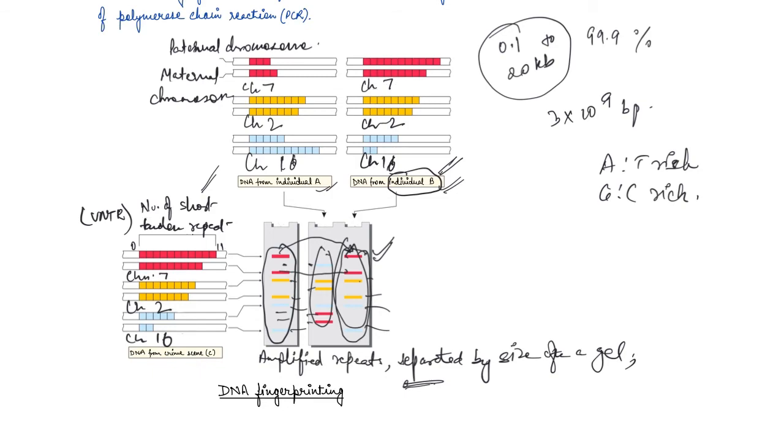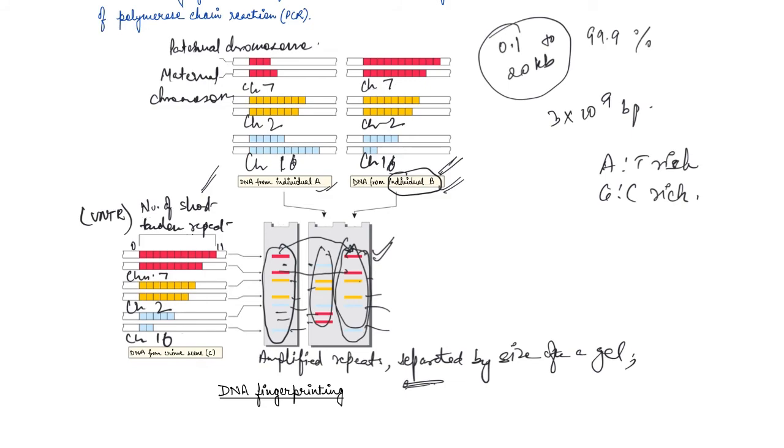Now, the sensitivity of the technique has been increased by using the polymerase chain reaction, PCR, and we'll study it later. Consequently, DNA from a single cell is enough to perform DNA fingerprinting analysis. And by this size, which is derived after the autoradiograph, you check it with the one present on the crime scene, or which is taken as a sample to which you match, right?